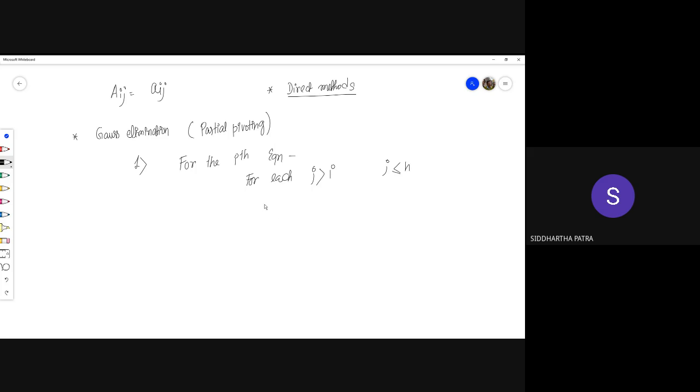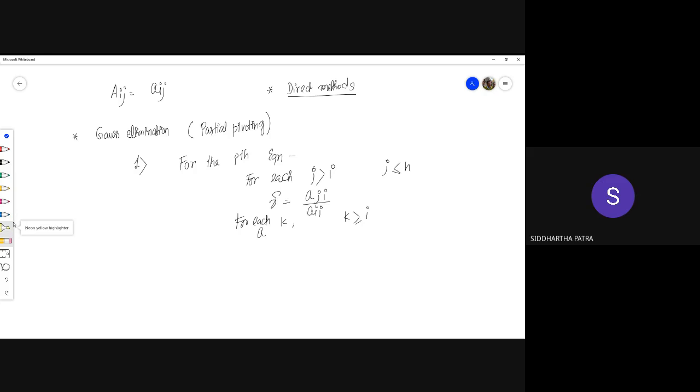We would define this quantity gamma equals a_ji divided by a_ii, and then we would modify the jth row for each term, for each k where k is greater than or equal to i.